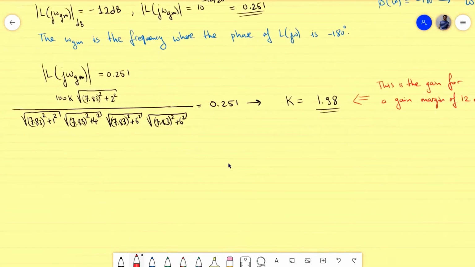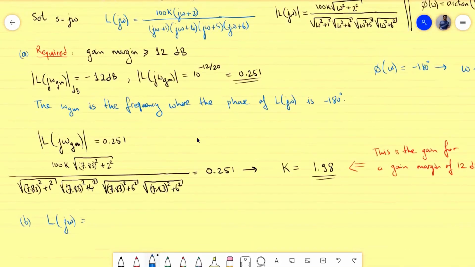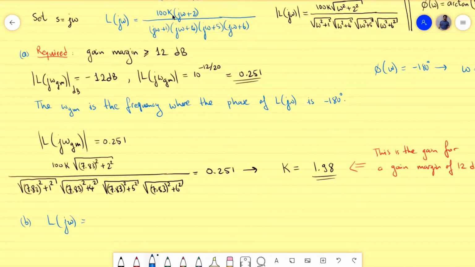So my new loop transfer function, with the value of k, is 100 times that 1.98, which is shown here. It will be 198 times this, divided by the 4 poles.